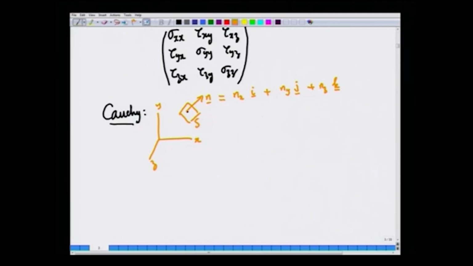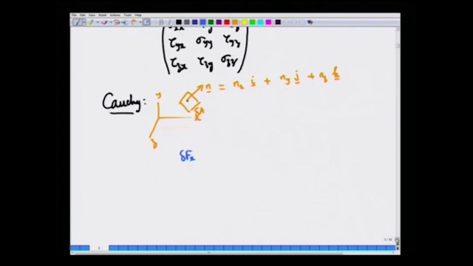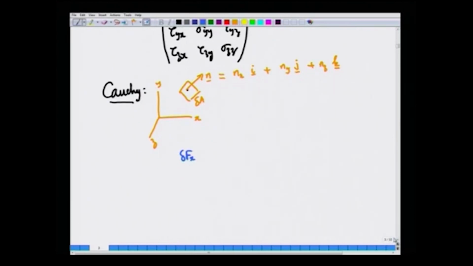and the area of the surface is delta A, let us say. Then what is the force? The force on this surface will in general have 3 components in the x, y and z direction. The question one can ask is, what is the force acting on such a surface? What is the force per unit area? What is the stress acting on such a surface?